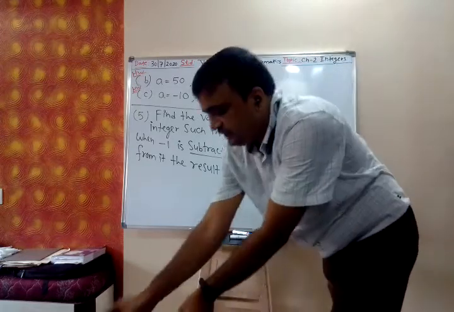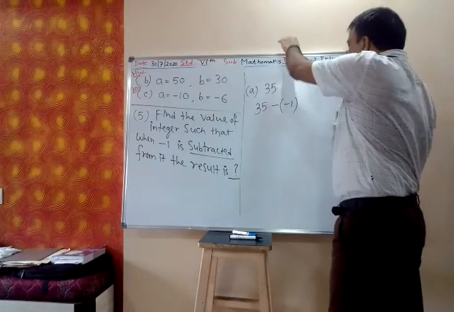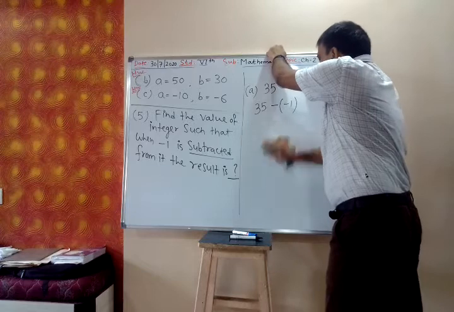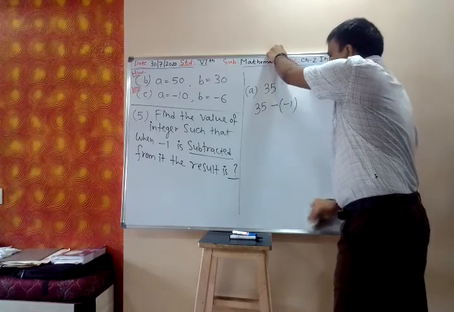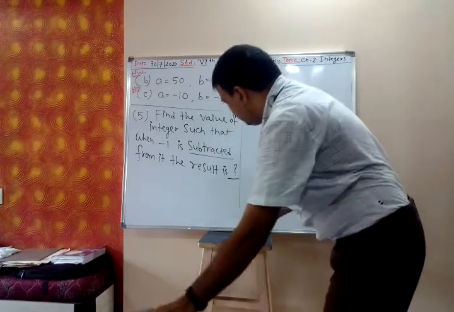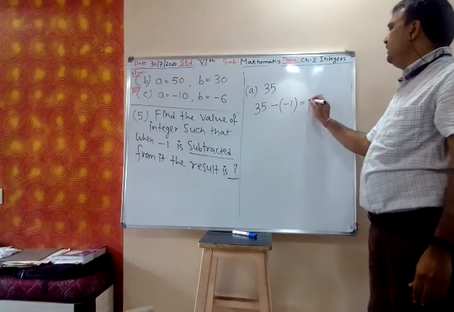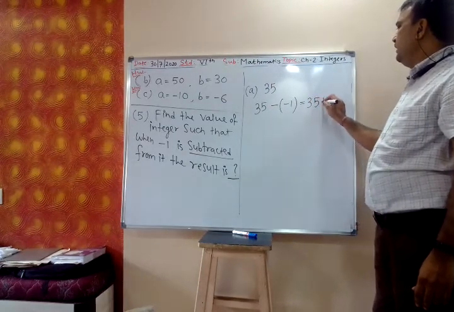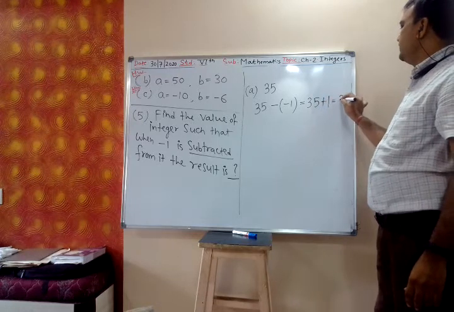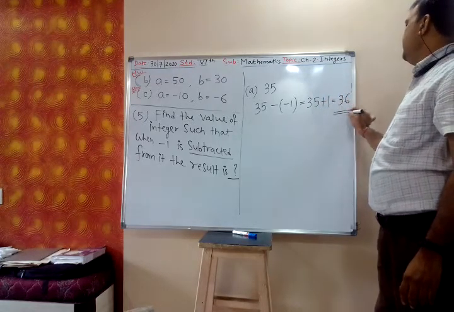Whenever two minus signs are together, we write them as plus. I am talking about together, not separate. Whenever they are separate, we don't write plus. So here they are together, so we write 35 plus 1, and the answer is 36.